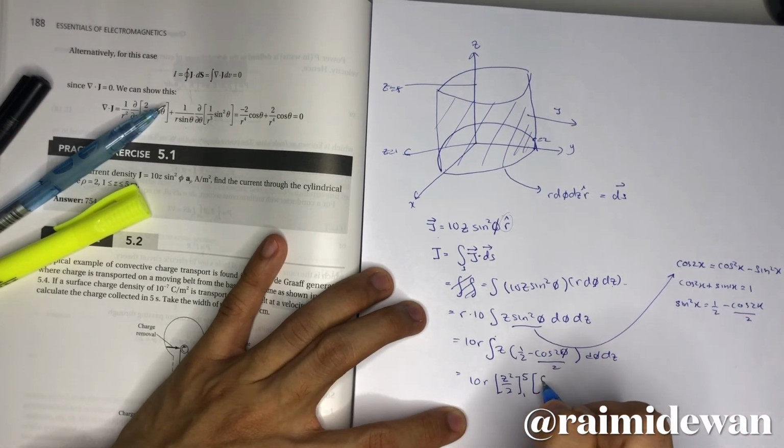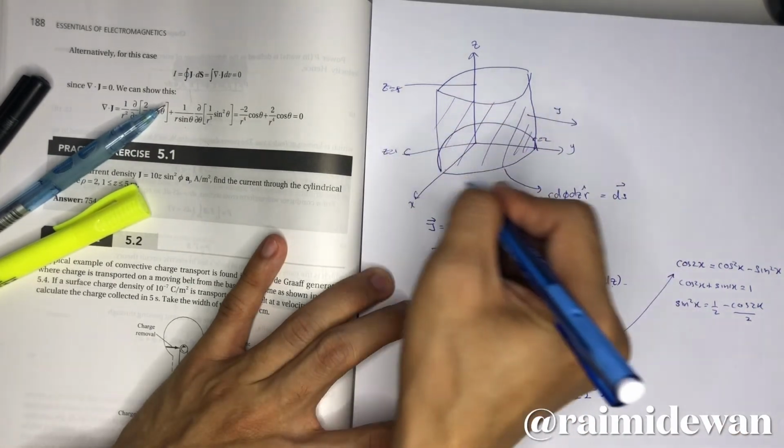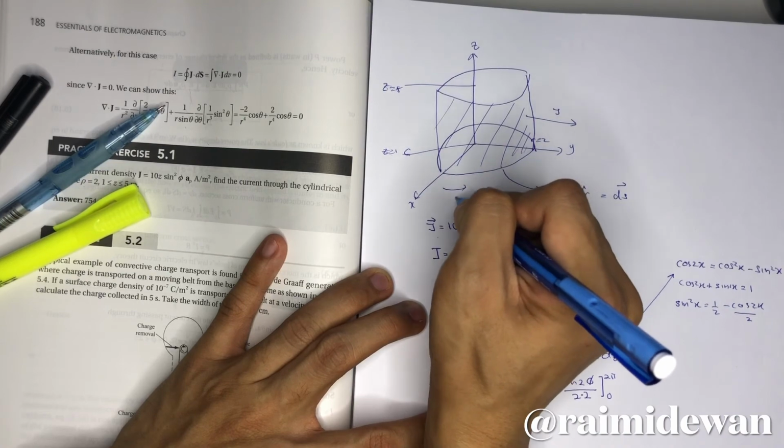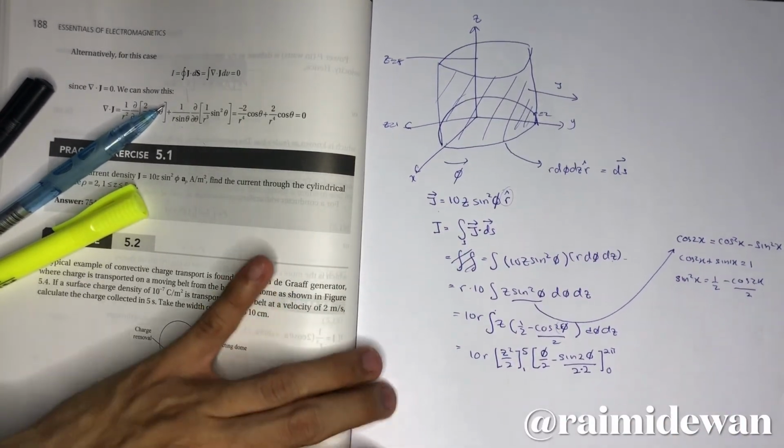It's actually φ over 2 minus sin 2φ over 2, then integrating, differentiating inside, you get another 2. What is the limit for φ? 0 until 2π, because it's a full turn. Your φ is moving from here, so it's full, and you need to know how to take the limits.